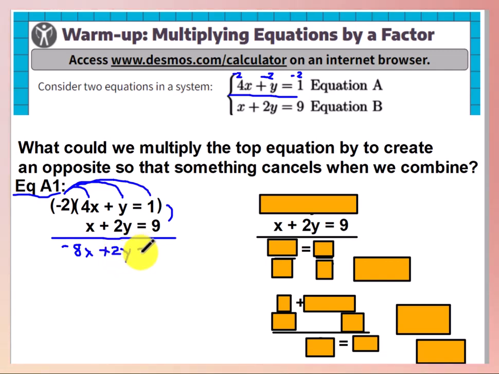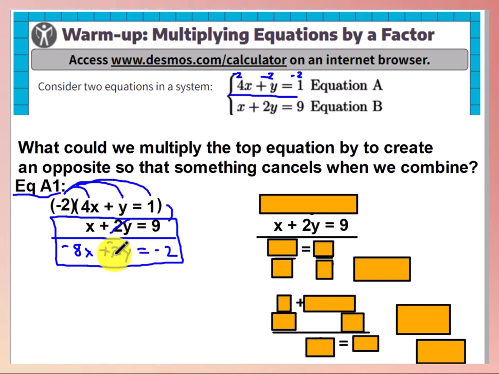Bring down the equal sign, and then -2 times 1 is -2. All right, so these are the two equations that we're going to add together, and we'll see that the y is eliminated. Oops, I forgot to go slowly. That's a -2y, and then that's a -2.